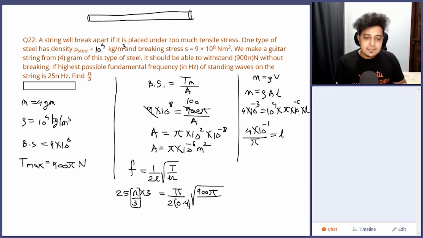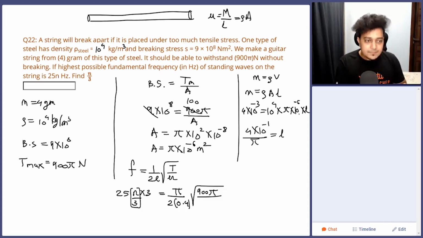Mu is linear mass density. Mu can be written as mass upon length or density into area. So we will use density into area here.